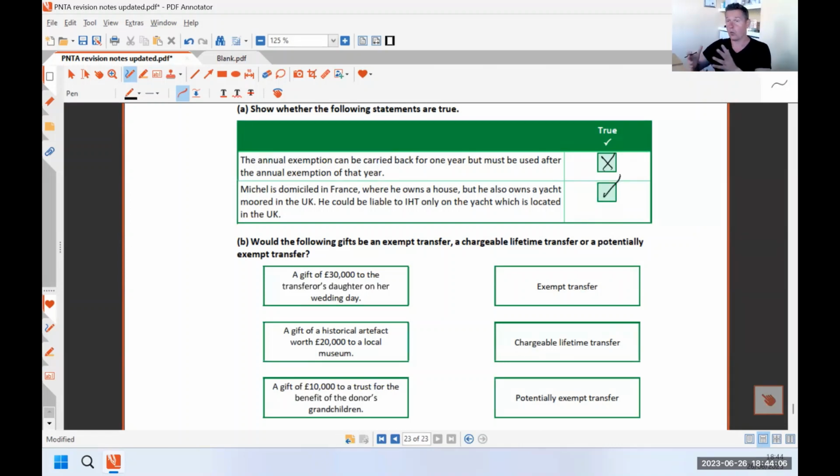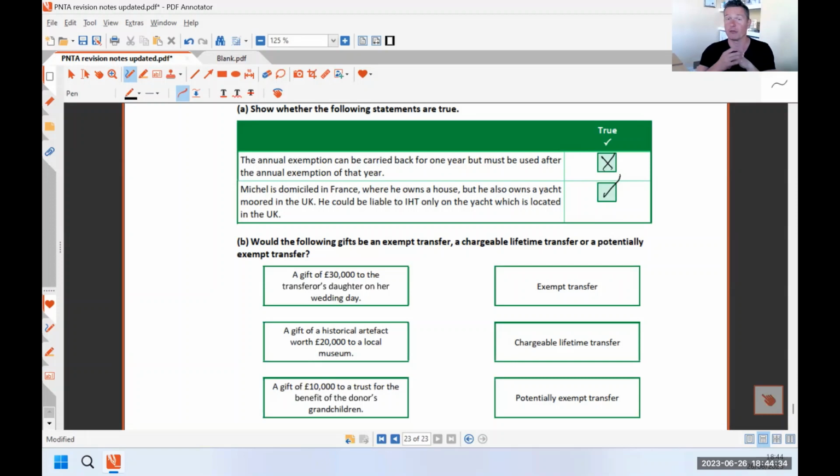So where you're domiciled is quite important for inheritance tax. If you're not domiciled in the UK, your UK assets will be subject to inheritance tax, but none of your overseas assets. Whereas if you are domiciled in the UK, both your UK and overseas assets will be subject to UK inheritance tax, and you might pay overseas inheritance tax as well.